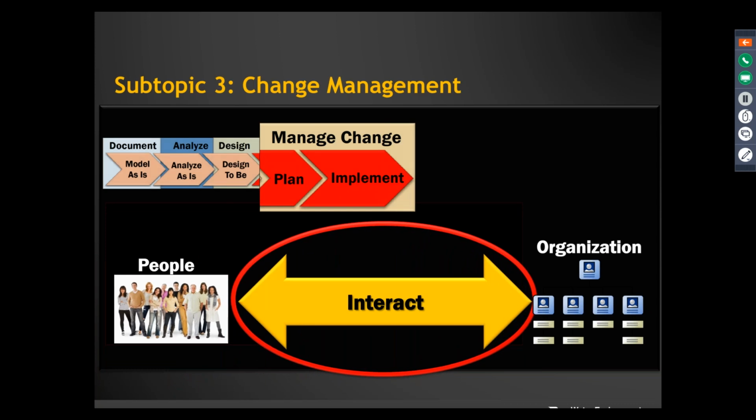The third topic is about this interaction between people and organizations that plays a key role. And the key role, because it's also the final 2 stages of our methodology, is change management. So this topic, subtopic 3, will focus on change management.